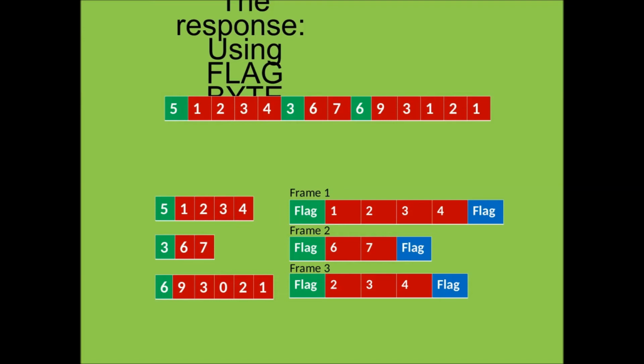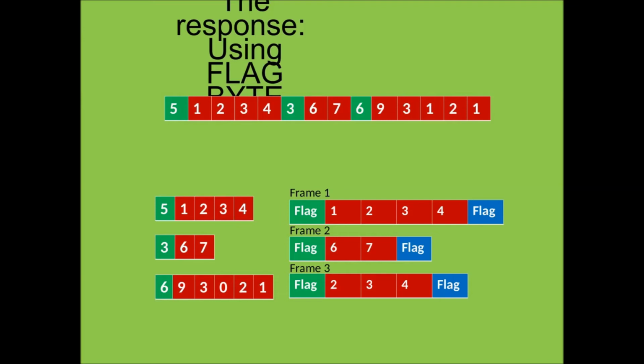You can see over here frame number 1, frame number 2, and frame number 3. Instead of byte count, there is another method: specifying a flag at the start of frame number 1 and at the end of frame number 1.